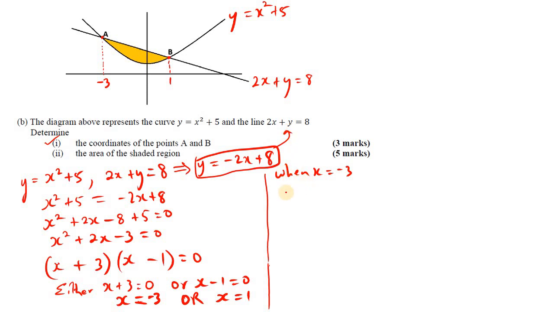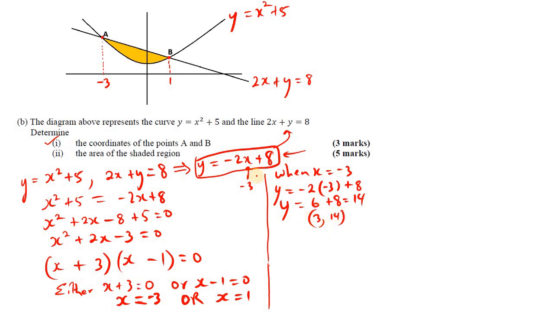When x equals negative 3, y is equal to the negative of 2 times the x value, which is negative 3, plus 8. I'm using this equation here. So in place of x here, I'm putting negative 3, since that's the value of x, and that will give me the value of y. So y is equal to 6 plus 8, which is 14. So when x is negative 3, y is 14.